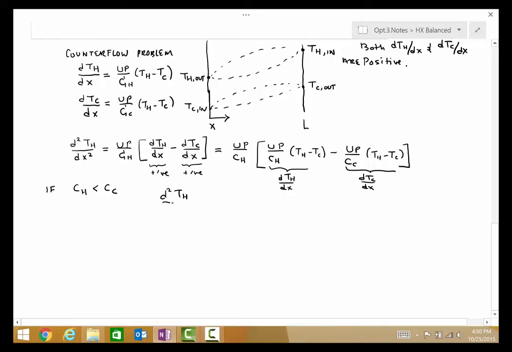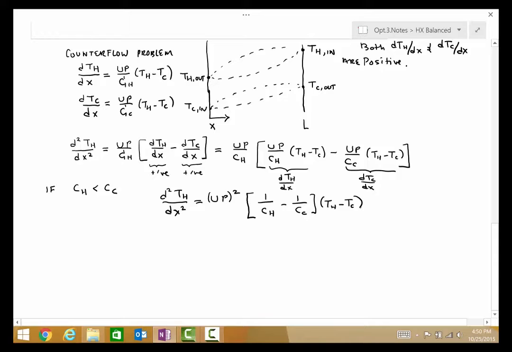The second derivative of TH is equal to UP squared times 1 over CH minus 1 over CC, times TH minus TC.